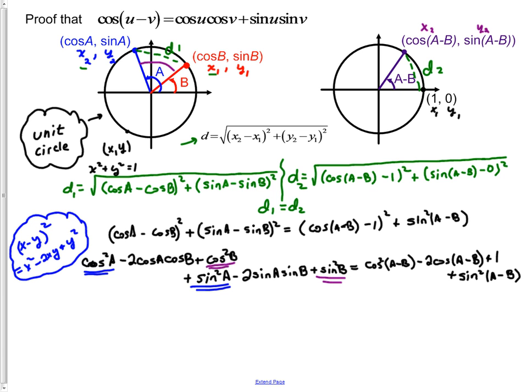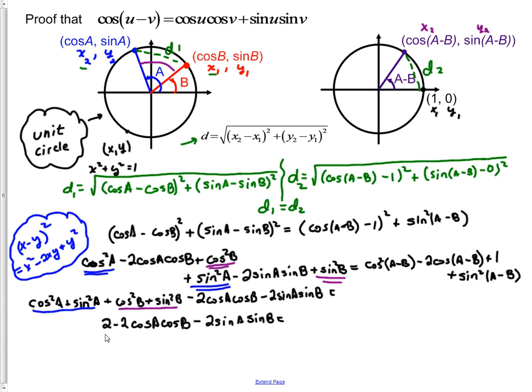So on the left-hand side, we can actually shorten this down a little bit. Cosine squared A plus sine squared A, as we said, is equal to 1, and cosine squared B plus sine squared B is equal to 1. And so that left-hand side reduces to 2 minus 2 cosine A cosine B minus 2 sine A sine B.